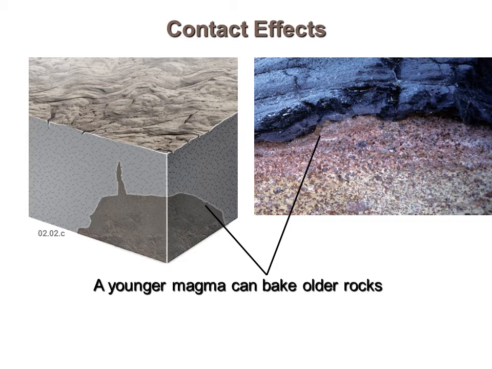Here we're looking at contact effects with something that's really hot. A younger magma can bake older rock units. In the image on the left, a magma invaded the light gray rock and solidified into the dark gray rock. The magma caused effects along the contact by heating or baking the light gray rock. So along the edge of that magma chamber, we're going to be able to see a bake zone.